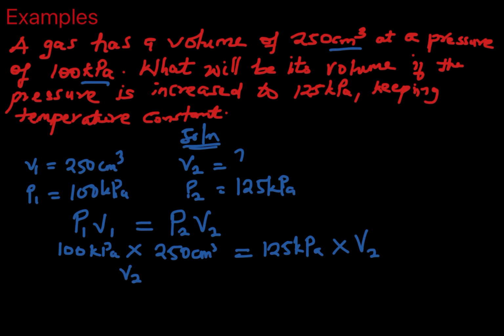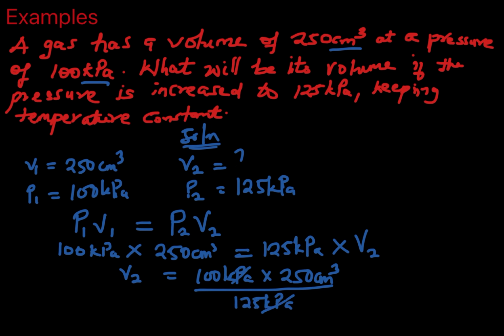When you make V2 the subject, you have 100 kPa times 250 cm³ over 125 kPa. The kPa cancels out.